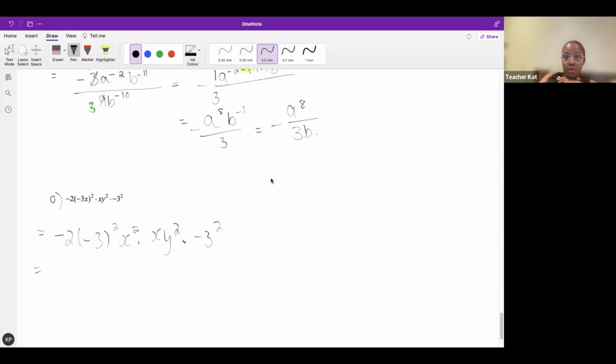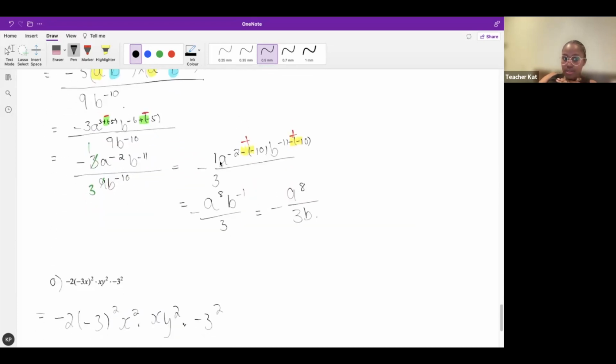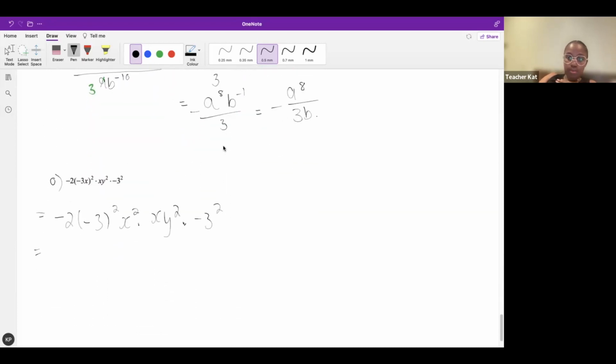So negative 3 all squared will give you 9. And then I write 9. Negative 2 times 9x squared times xy squared.